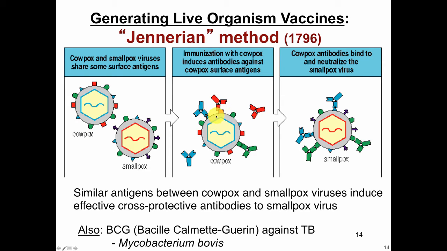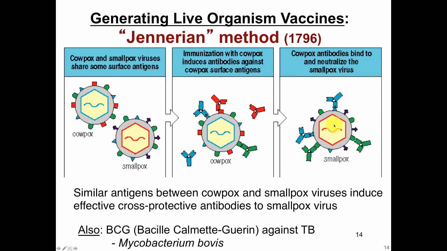Some of those antigens may also be expressed on the smallpox virus. And so here you can see that the blue antigen is present on both the smallpox virus and the cowpox virus. And so the antibodies that were induced following cowpox immunization also protect against smallpox infection.